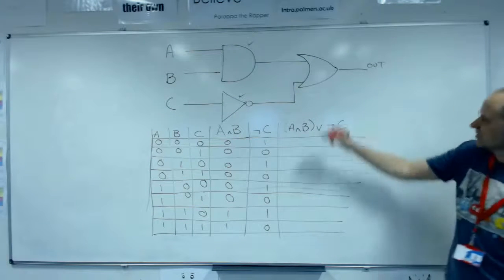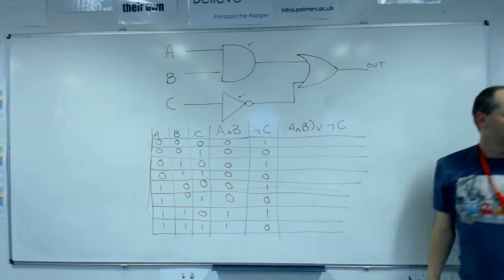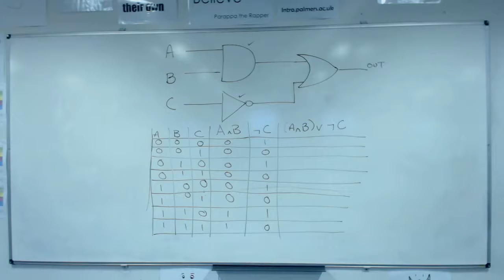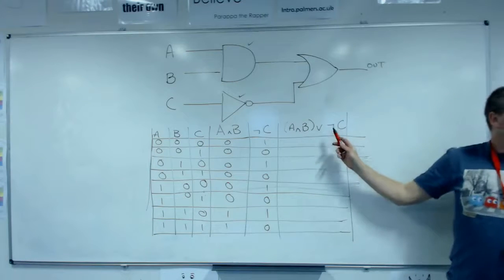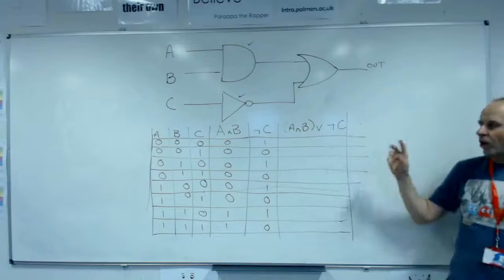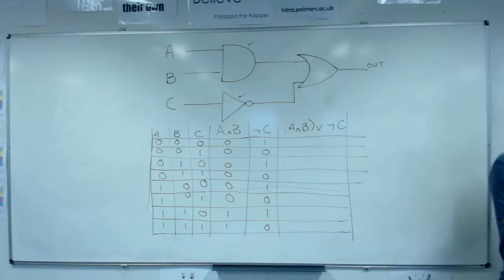Plus. Plus, yeah. Plus is the common one. We'll come on to that more in the second year when we're doing all the Boolean algebra stuff. Right, again, so this time we're going to write what this representation is. So we're doing an OR, but it's an OR of these 2 columns. So wherever there's a 1, we get a 1.